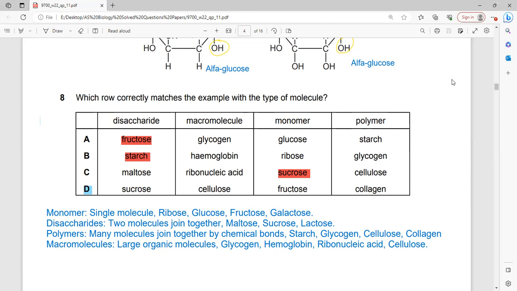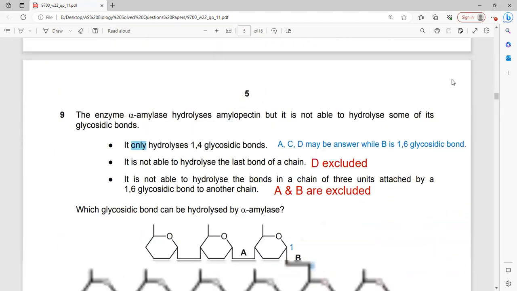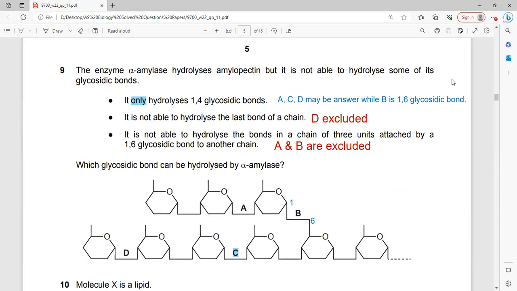So we're going to proceed to the next question. In this type of question, we need to exclude the wrong answer. For example, the enzyme α-amylase hydrolyzes the amylopectin, but it's not able to hydrolyze some of the glycosidic bonds. For example, according to the statement, it only hydrolyzes the 1,4-glycosidic bond.